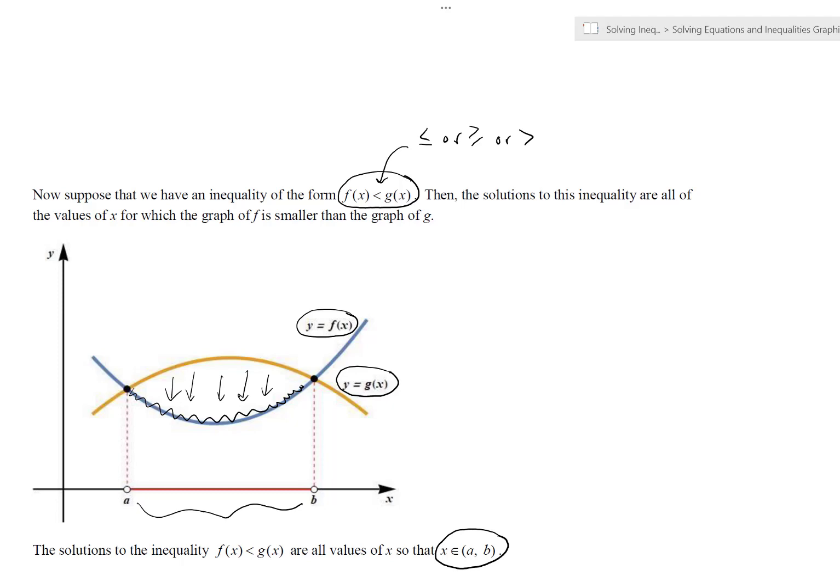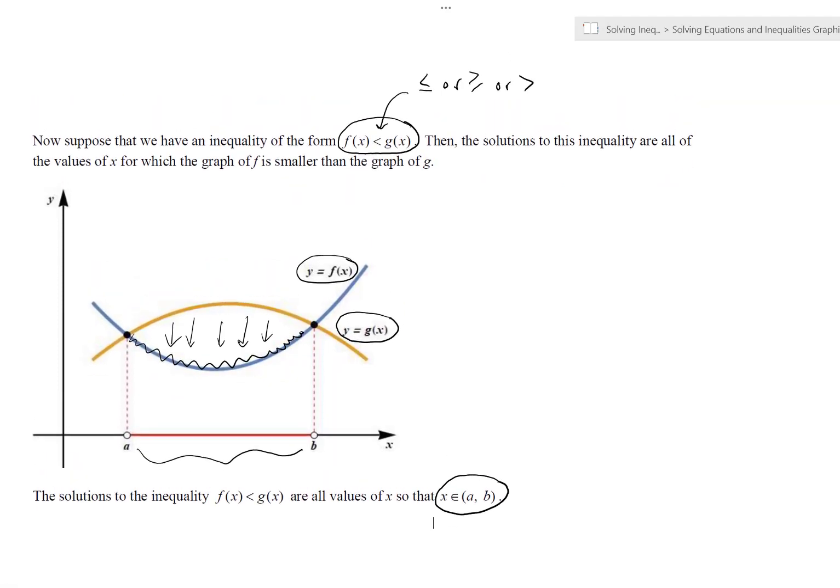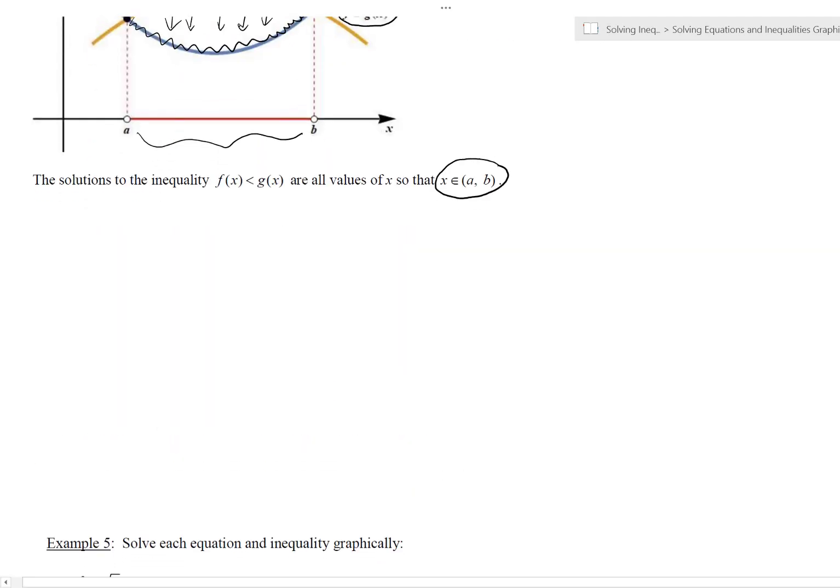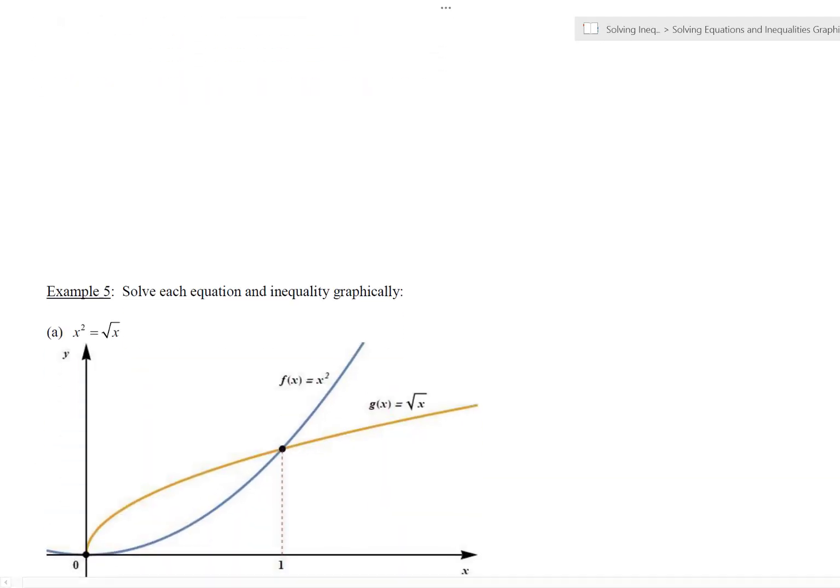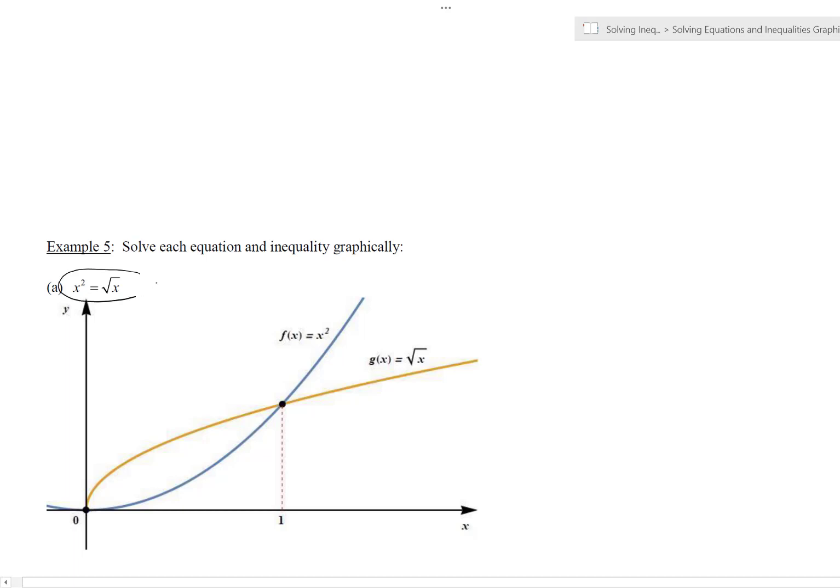Okay, so we're going to look at some examples of this first and then try one on our own with some technology. And here's an example. Suppose we wanted to solve the equation x squared equals square root of x, but doing it graphically, so no algebra involved.